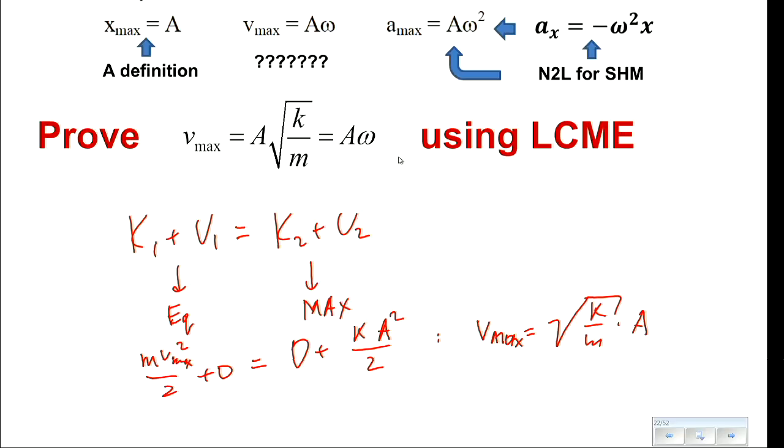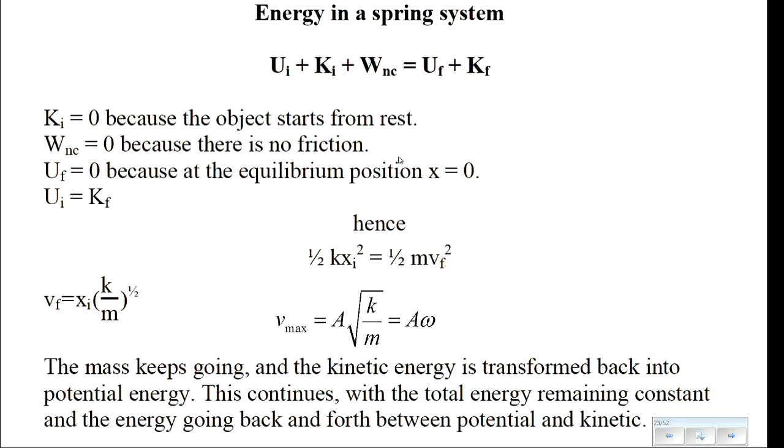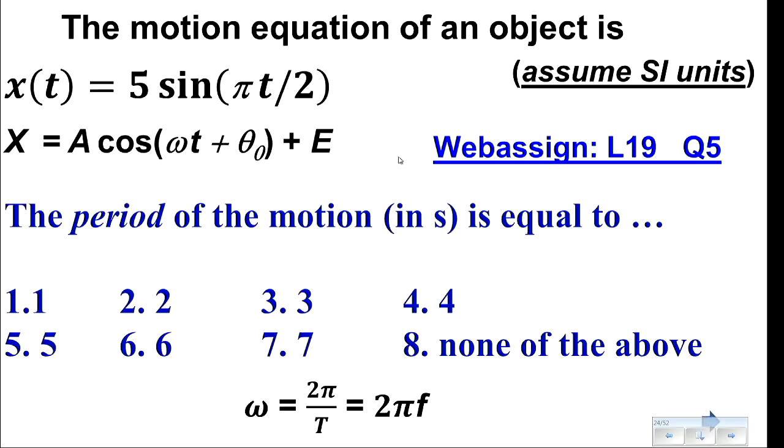Now we know. And there's a slide. Question. We've got the motion equation. And now from this motion equation, we can extract all information. Everything. Let's start from a period.